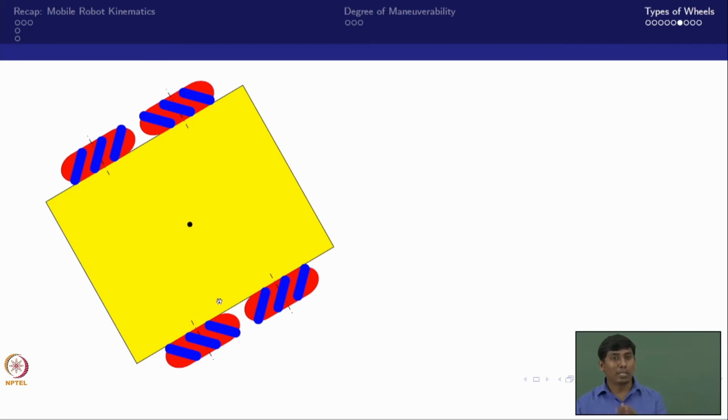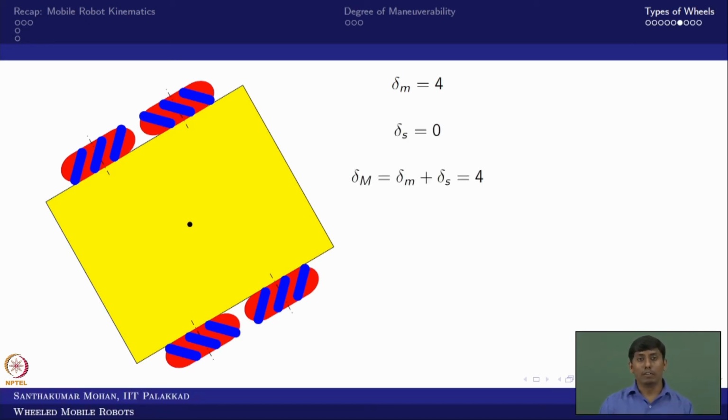This particular robot can move longitudinally, laterally and rotate about the Z axis, but there is no steering directly. There is no indirect way of steering this vehicle either, so the degree of steerability is 0 in this case. The degree of mobility is 4 and the degree of steerability is 0, so the degree of maneuverability is 4 plus 0, which is 4.